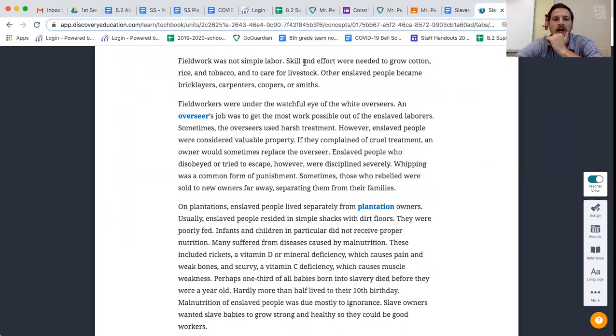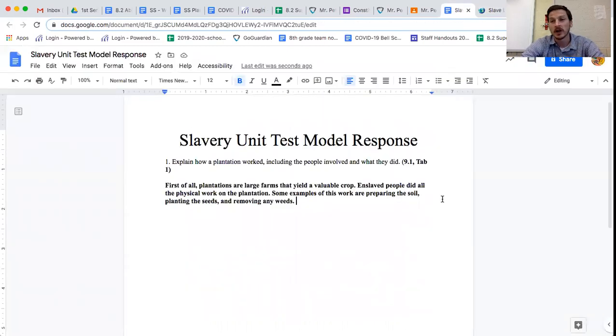It really took a lot of effort and skill to do this. So that's pretty important. I think that's why they made it a new paragraph, because it's kind of a new important idea. So I'll just go ahead and put this work was often difficult and required a lot of skill.